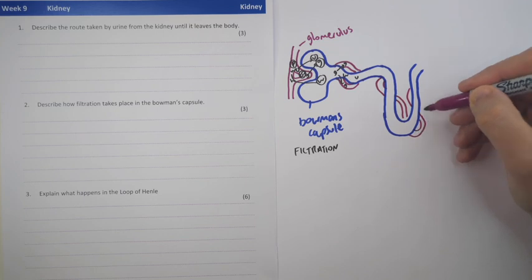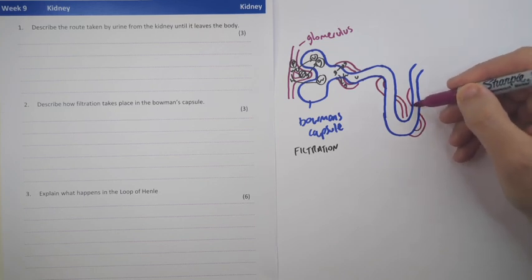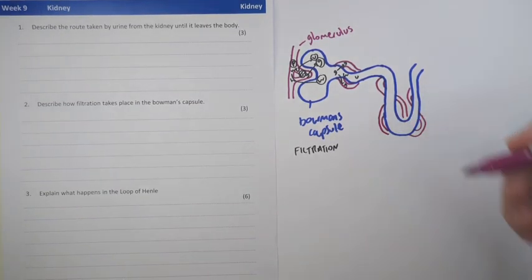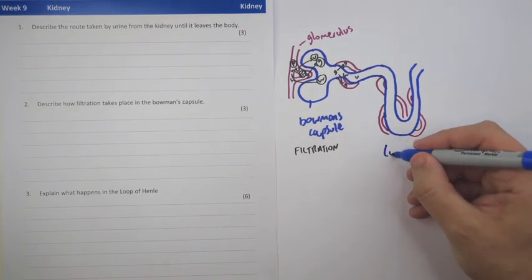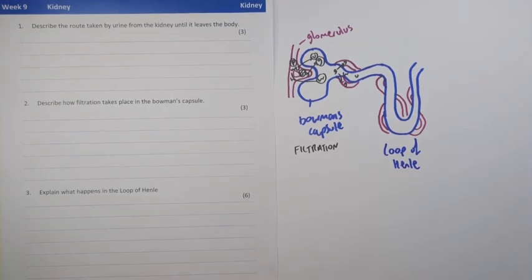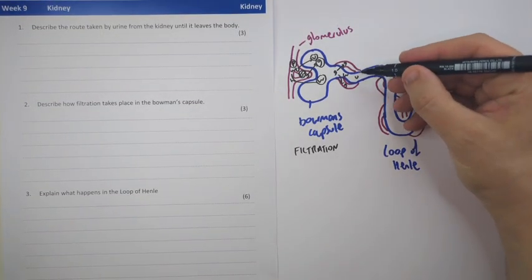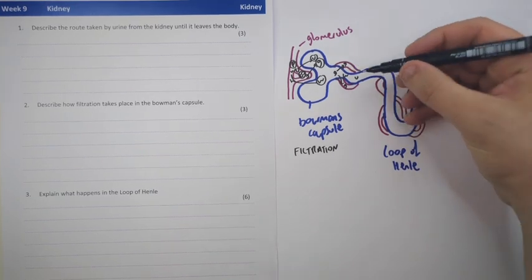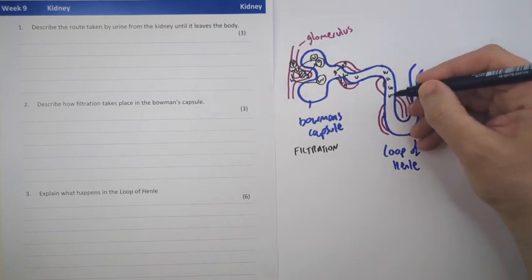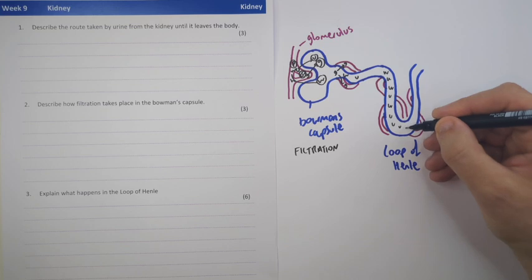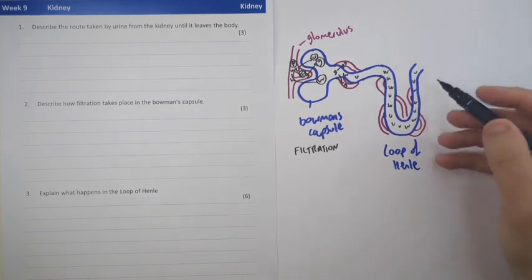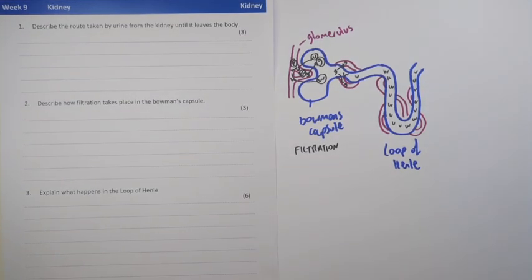As you've seen, glucose should now have been absorbed back into the blood. At this point, we've only got water and urea, because the whole point of the kidney is to reabsorb the water and make the urea exit the body, which we can get to in a minute.